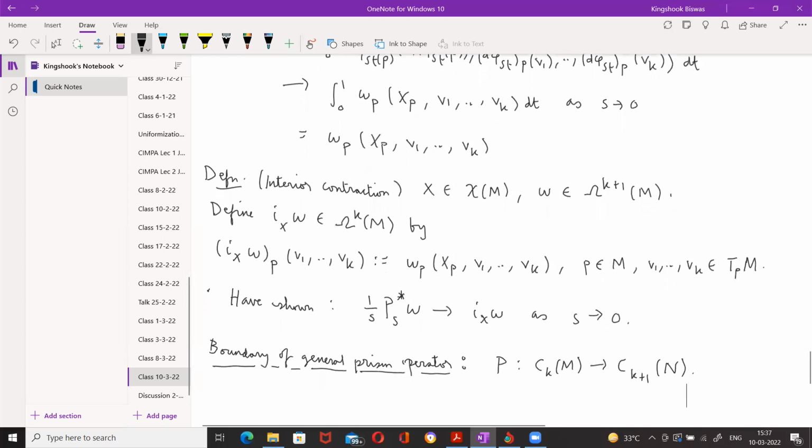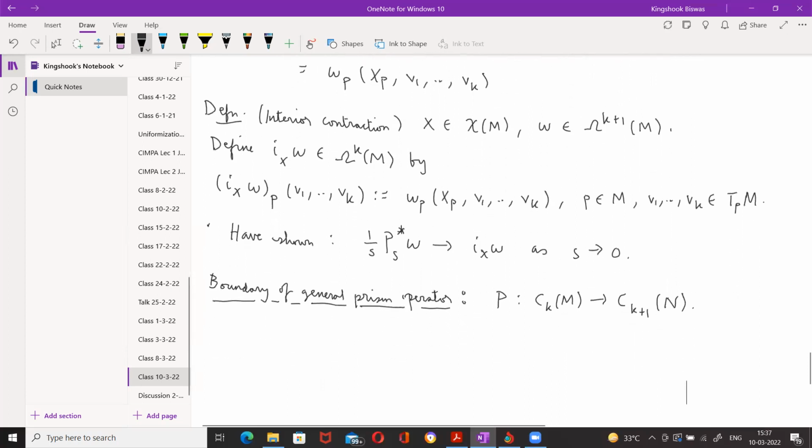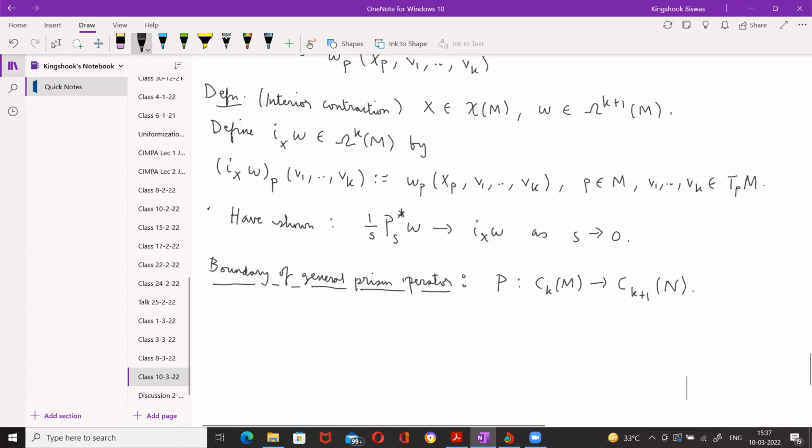So P c of (t, x1 to xk) is phi_t of c of x1 to xk. What I want to calculate is the boundary of Pc, all right? That should be clear from the picture actually. So let's look at the picture and you'll see what the boundary should be.